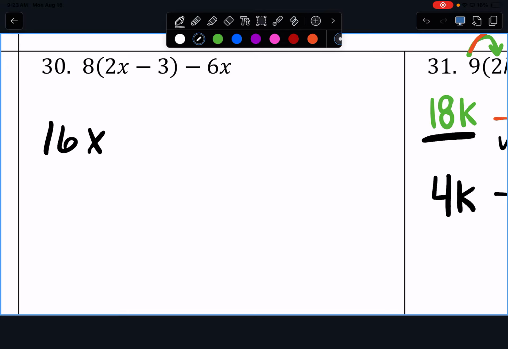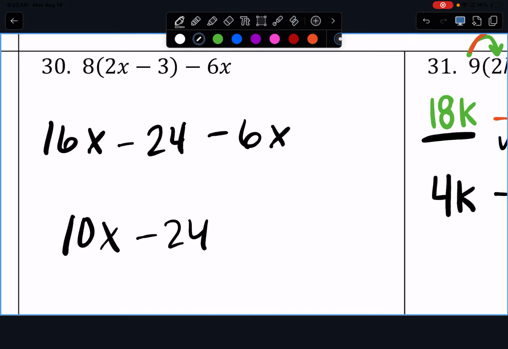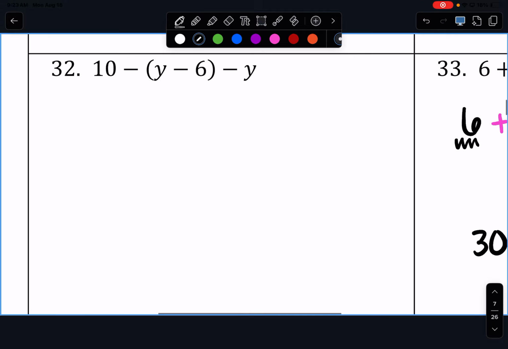And then we combine like terms, and we get 10x minus 24. All right. For 32, does anything happen with that 10? Mm-mm. And then we have to distribute the negative. So when we do that, what do we get?